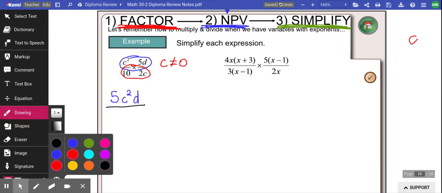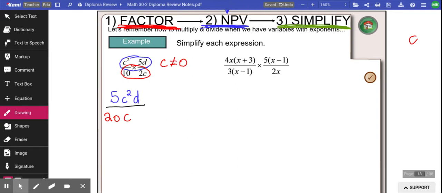Divided by. On the bottom, we have 10 times 2c. They're both monomials, so numbers with numbers, letters with letters. 10 times 2 is 20. C has nothing to multiply by, so it's just c. So when we're simplifying, the first step is combine the top to become 1, bottom to become 1. Now we have one fraction. With one fraction, we can then reduce that fraction.